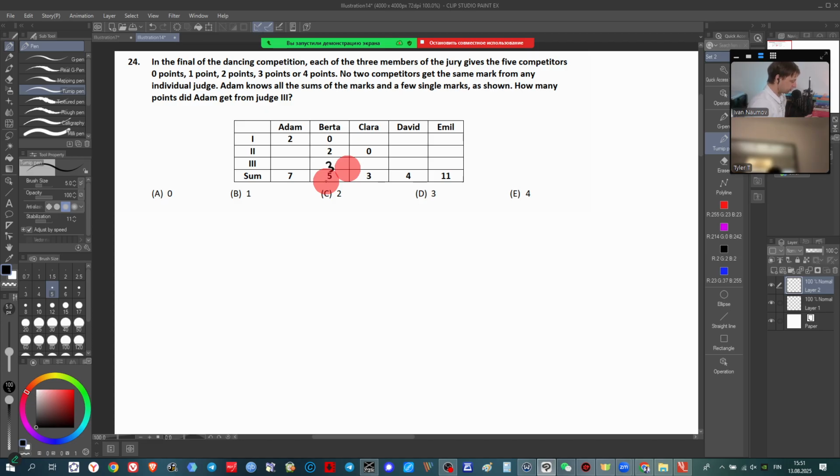And Clara, I would say since it's not 2 or 0 on the top one, and she only has 3, I'd put it could be 1 from judge 1 and then 2 from judge 3. Exactly, and this is the only option. There is nothing else that can be here. It's the only option for Clara from judge 1 to have 1, and it means that from the last judge, from judge number 3, she has 2. Okay, so for Clara, everything works out.